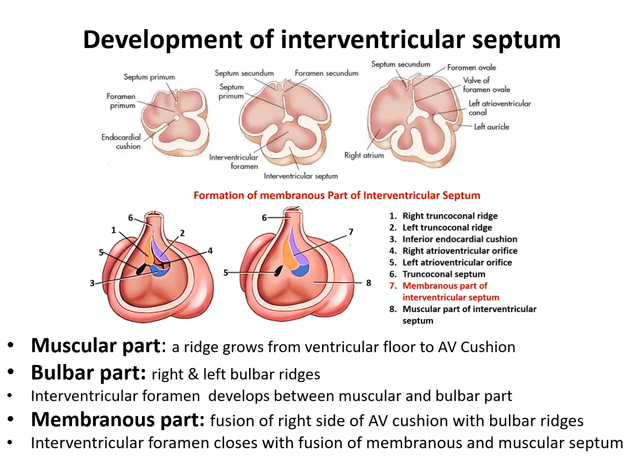The lower or majority part is muscular, and it is called the muscular part. Then the upper part, just above the muscular part, is thin, and it is called the membranous part, and even higher, which is formed from the lower third of the bulbus cordis, is called the bulbar part.